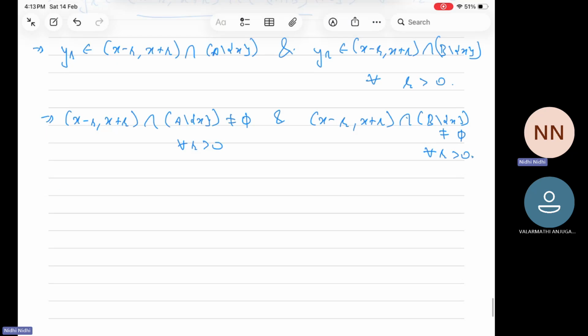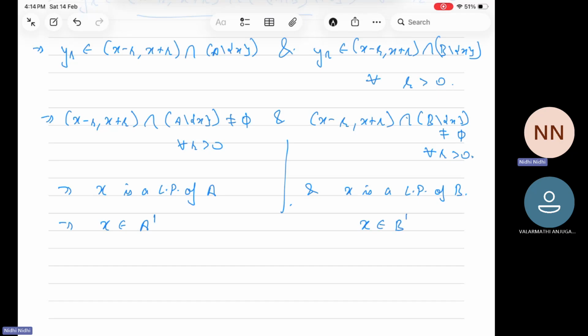Now this tells us that x is a limit point of A, and this tells us that x is a limit point of B. That means x belongs to A prime and x belongs to B prime.